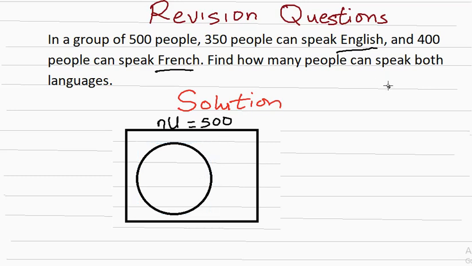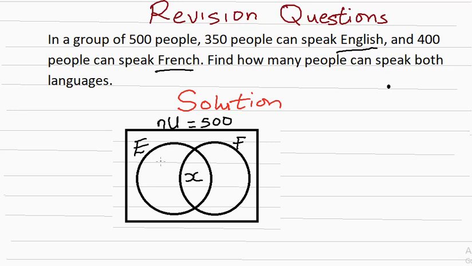Then another circle for the set that speaks French. So this is English, and this is French. We're looking for how many people can speak both languages. That means we're looking for the intersection of English and French. I'll call it X. That's what we're looking for.